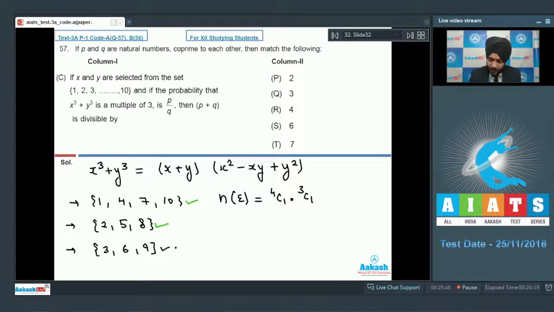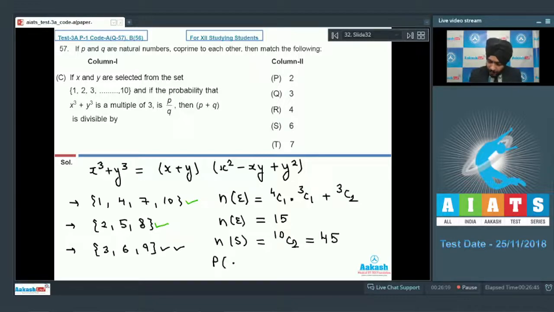And when you select x and y both from here, you will get x plus y always divisible by 3 because x is also divisible by 3, y is also divisible by 3. 3C2. That means 12 plus 3 is equal to 15. N of E is 15, N of S will be 10C2 and the value of 10C2 is 45.